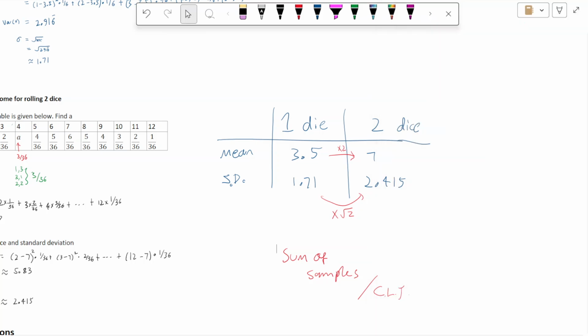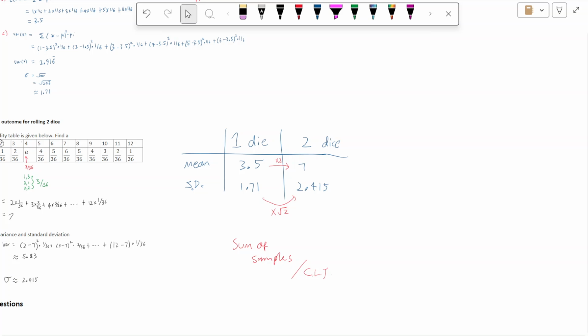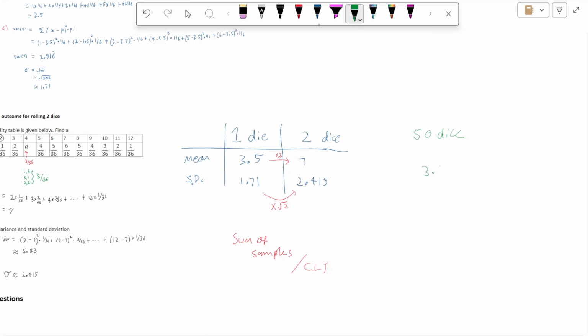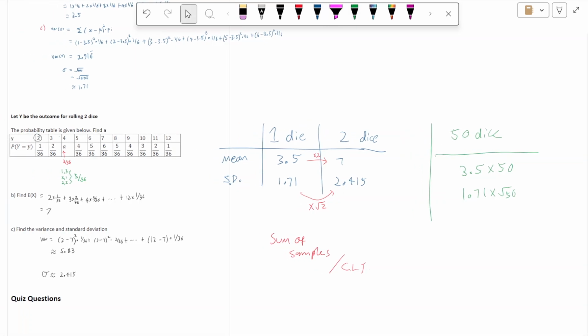Cool. And for example, if I wanted to do 50 dice, my mean would be 3.5 times 50, and my standard deviation would be the original one times root 50, whatever those numbers end up being. So all that central limit theorem stuff does apply to discrete variables as well.